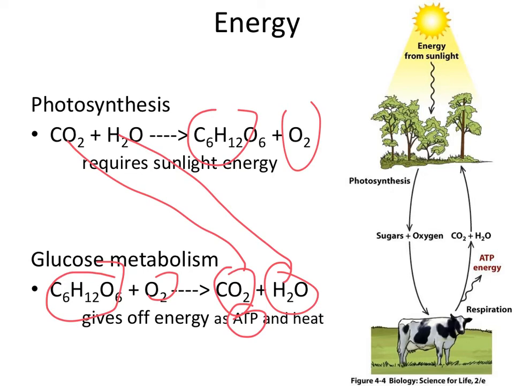So you can see this is the carbon cycle. And carbon is being cycled from photosynthesis, creating sugar and oxygen. The consumers of photosynthesis, they breathe oxygen.